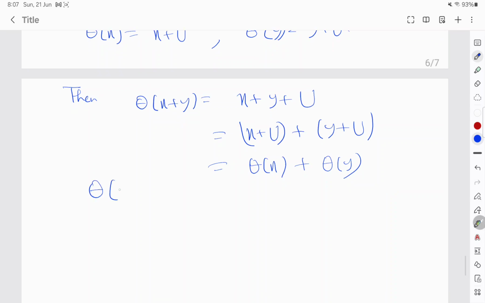And if you do theta of x into y, this is xy plus U. So this you are able to break in the same way.